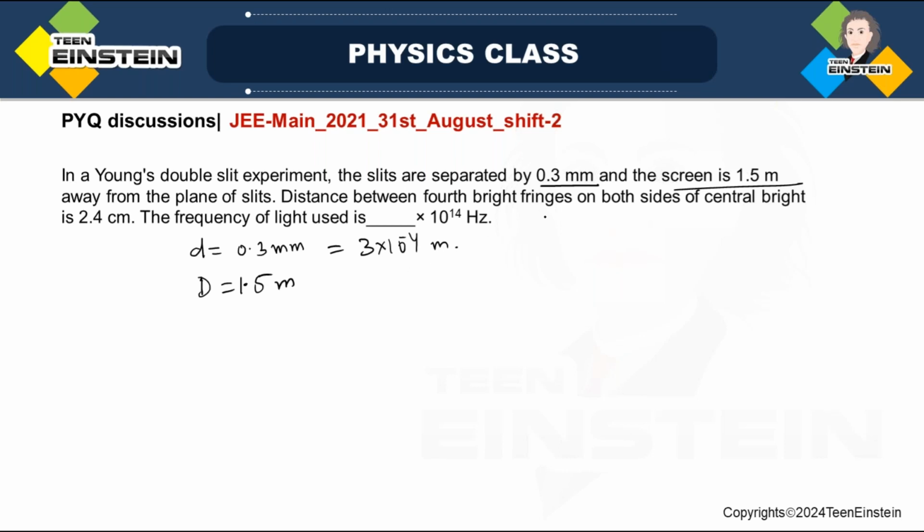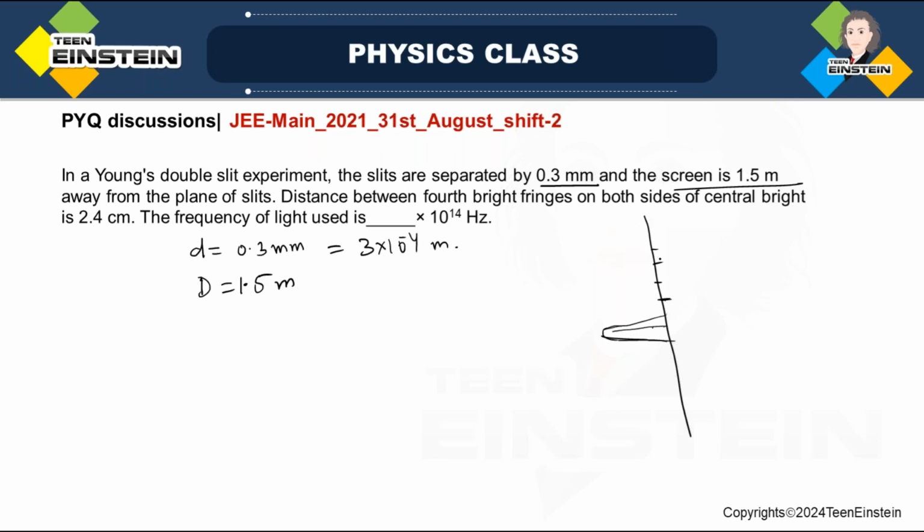The distance between fourth bright fringes on both sides of the central bright fringe. The question says, suppose this is my central bright fringe. Then you will have alternating dark, bright, dark, bright.